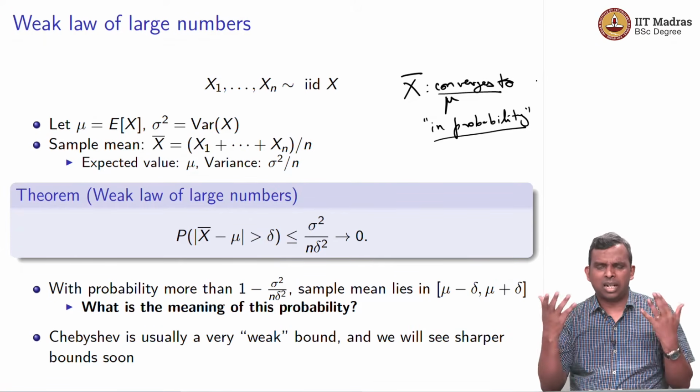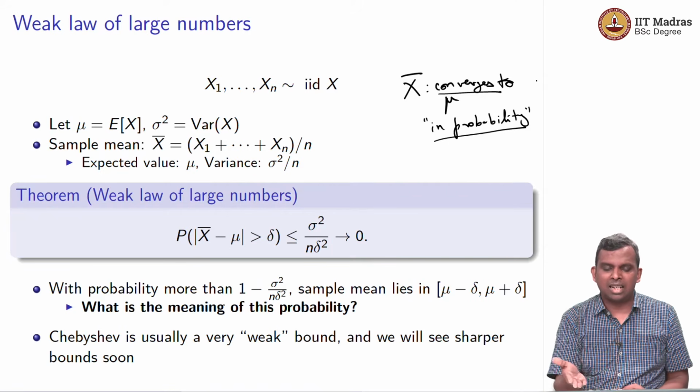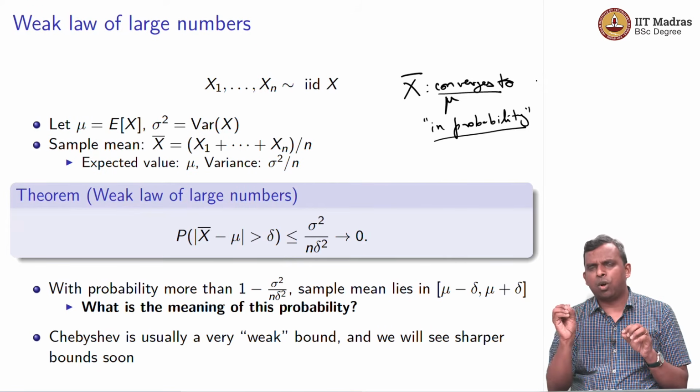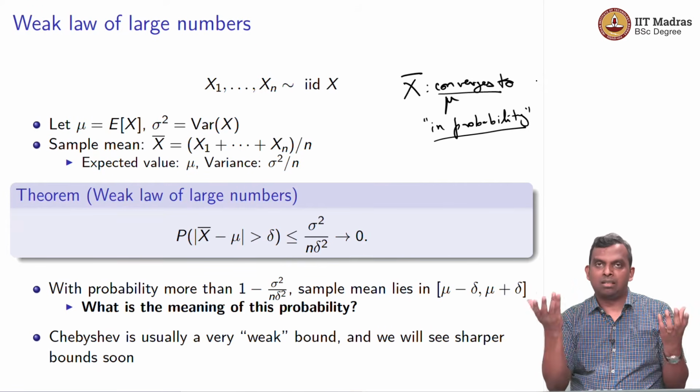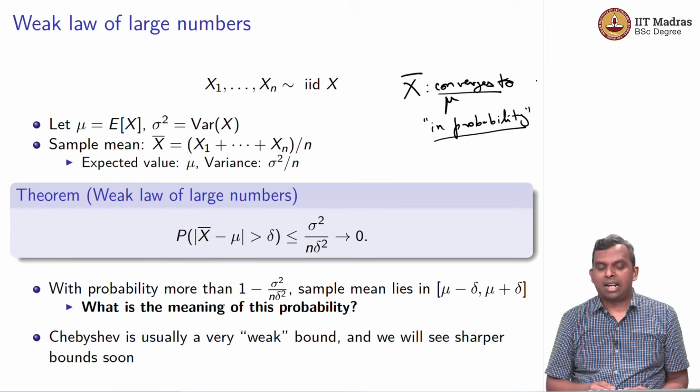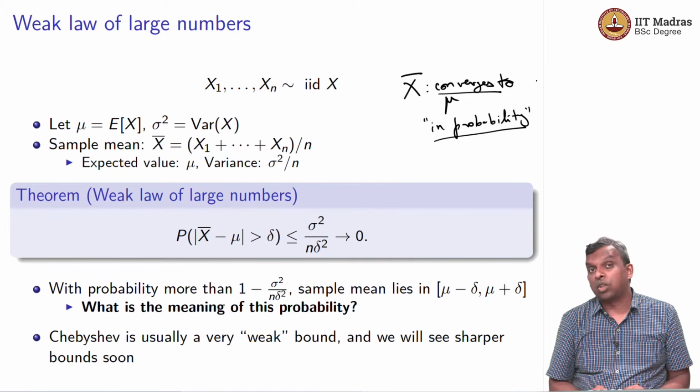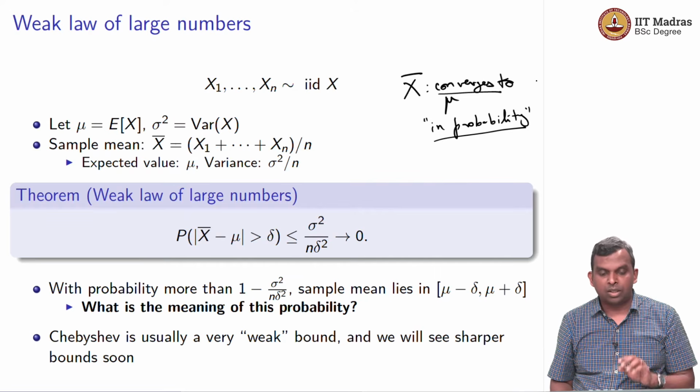If you can show that the probability that a random variable deviates from some value by more than even something very small can be driven to 0, then usually people say that random variable converges in probability. That's just a technical definition. It's not so important for us in this course. If you do advanced probability courses, these kinds of results will come in. So this is the weak law of large numbers.